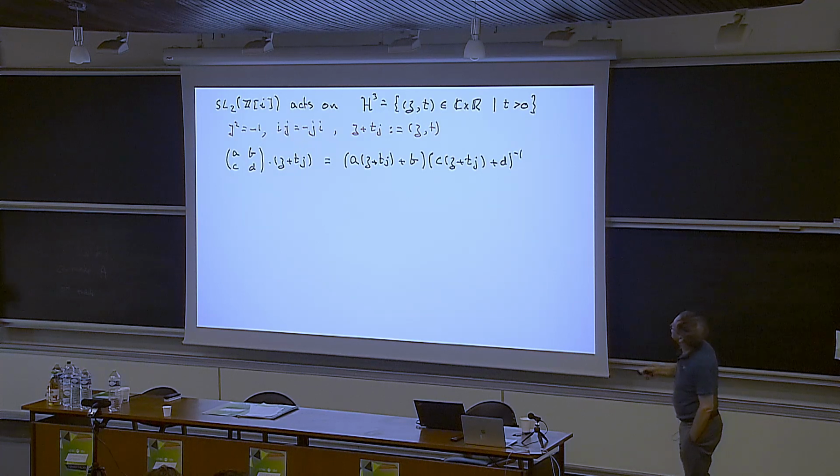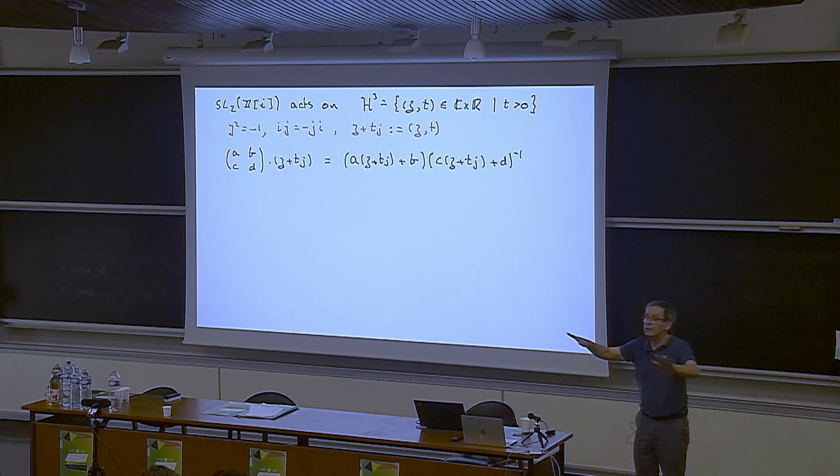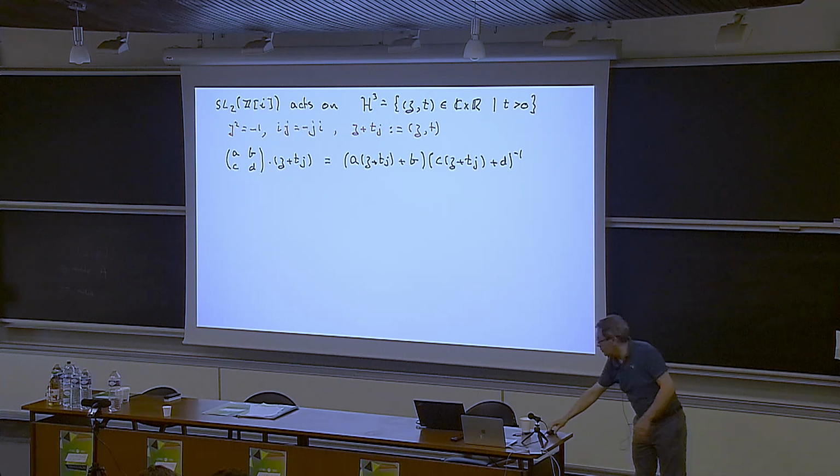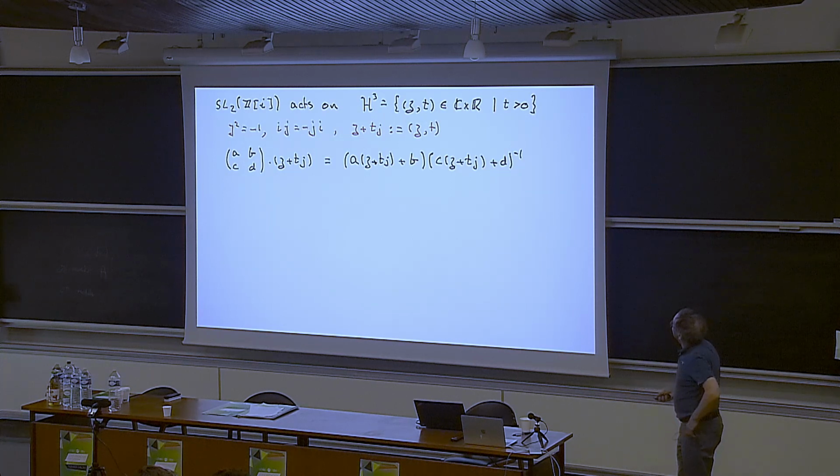So let's look at SL2 whose entries are in the Gaussian integers. That acts on the upper half space. So you've got the complex plane, and the positive part of the real line. The details aren't important. You can read them afterwards.